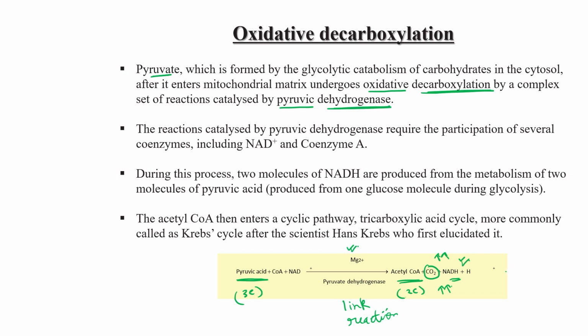In total, 2 molecules of NADH are generated during the metabolism of 1 glucose molecule. Right? And this acetyl coenzyme A then enters the TCA cycle, the tricarboxylic acid cycle or Krebs cycle, named after the scientist Hans Krebs, who first illustrated this cycle.